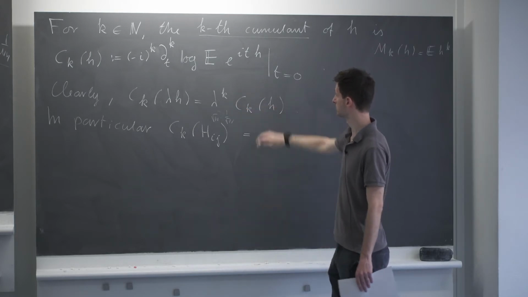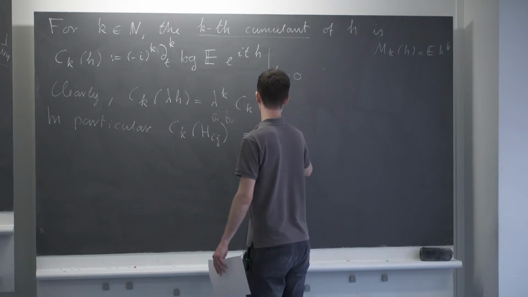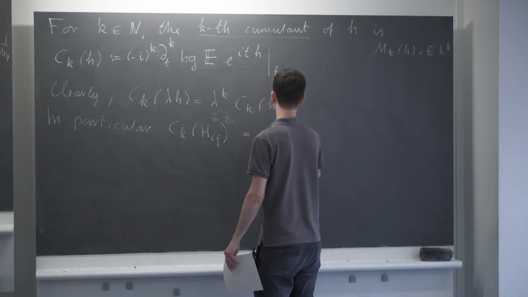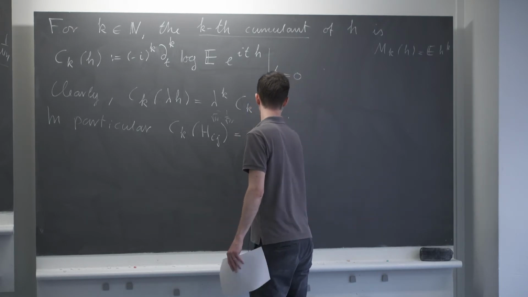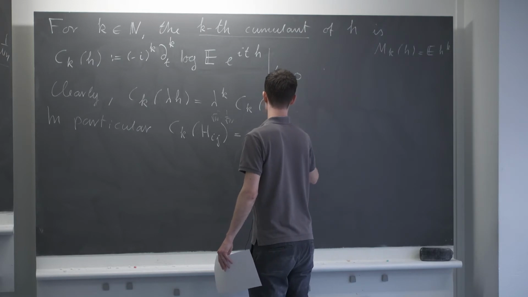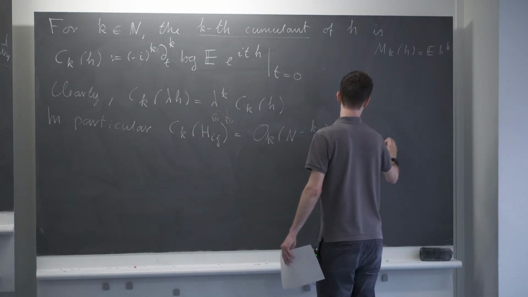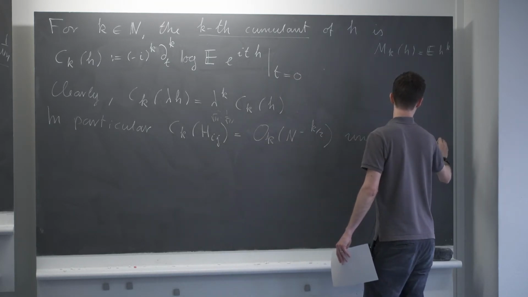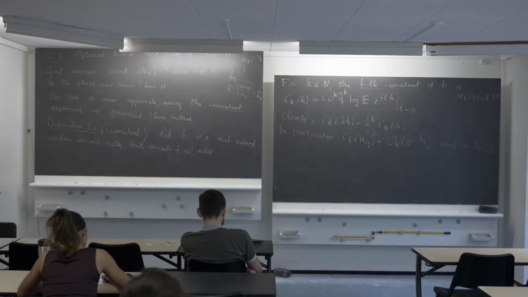I can do the differentiation and I pull out this 1 over square root of n and I get n to the minus k over 2. So this is of order C_k n to the minus k over 2, uniformly in n, i, and j. The constants depend on k, but they do not depend on i, j, or n. Okay, so this is what a cumulant is.